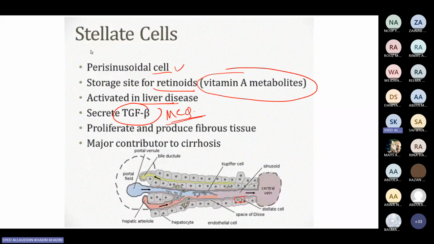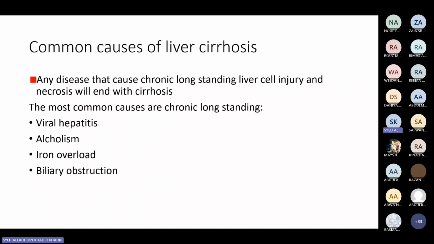Stellate cells secrete TGF-beta, one of the cytokines, which helps to proliferate and produce fibrous tissue. This is a major contributor to fibrosis, and subsequently it causes the formation of cirrhosis. This is an important slide which I've already given you in the PowerPoint. So what are the common causes of liver cirrhosis?